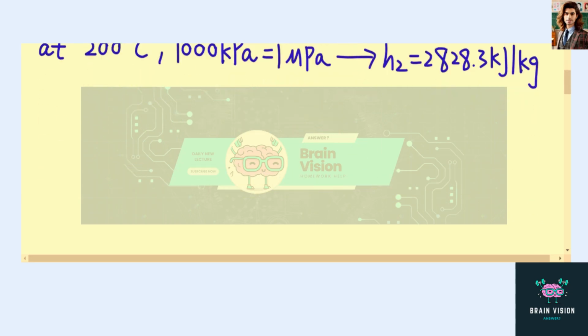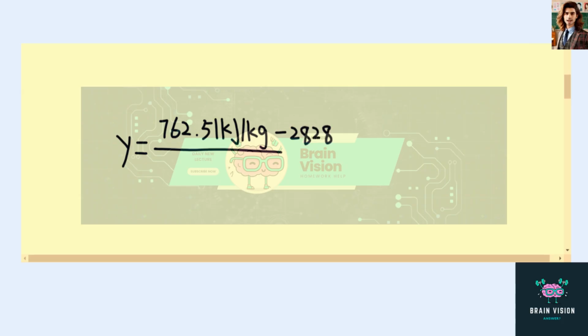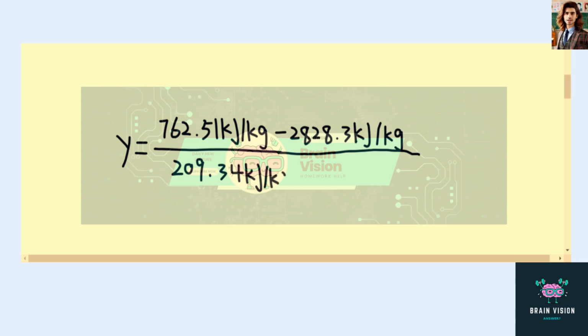So now let's plug back into the equation to determine the ratio. So the ratio should be equal to 762.51 kilojoule per kilogram minus 28.3 kilojoule per kilogram, and then over 209.34 kilojoule per kilogram minus 762.51 kilojoule per kilogram.